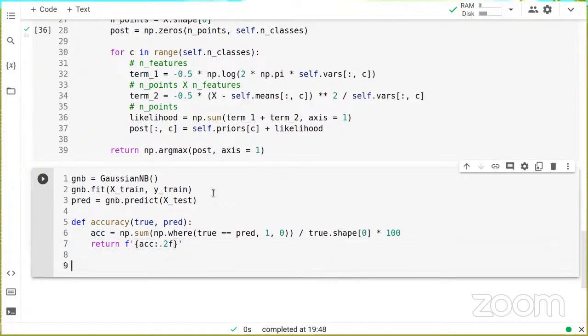So accuracy of X test comma predict. This is what I finally want.